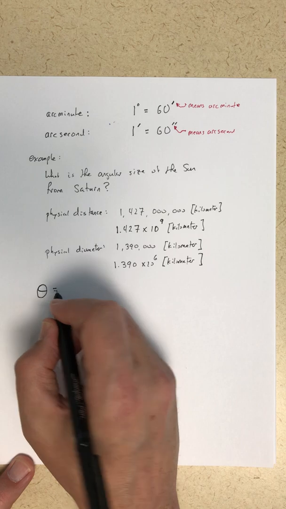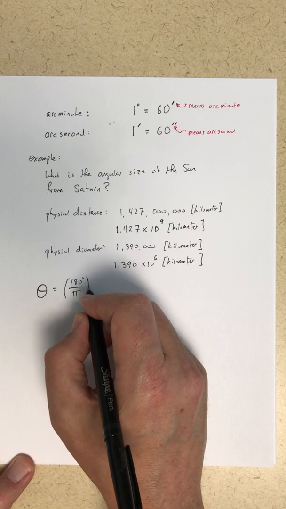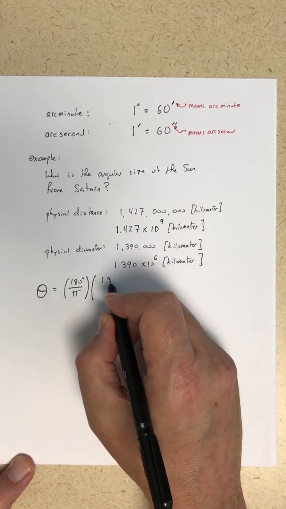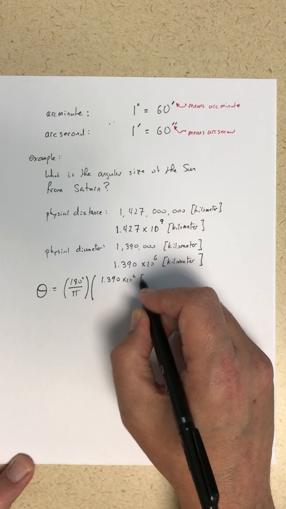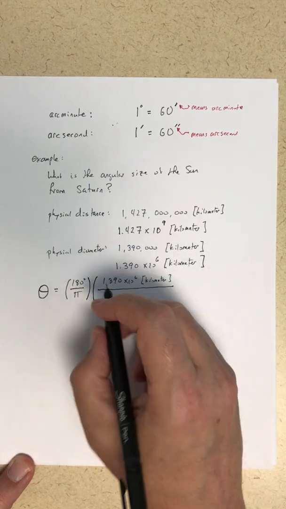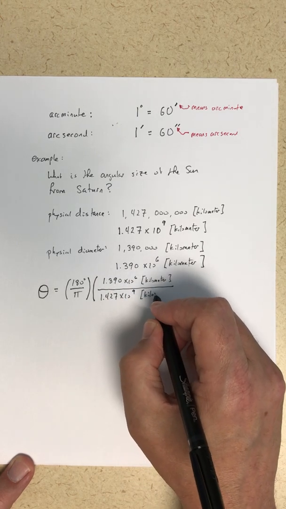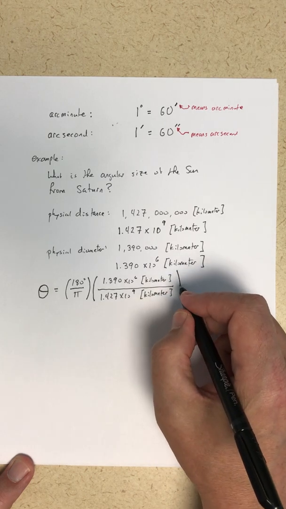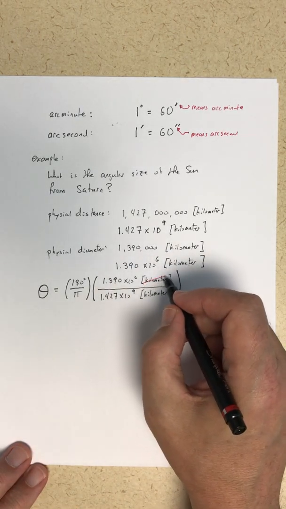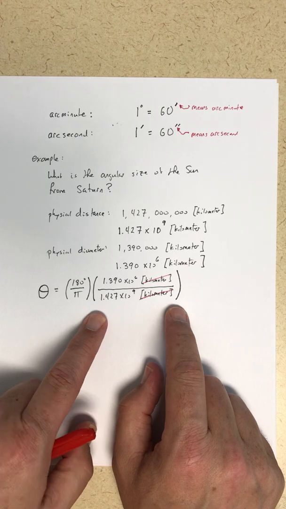So the angle theta is going to be 180 degrees over pi, times the physical diameter, 1.390 times 10 to the 6th kilometer, over 1.427 times 10 to the 9th kilometer, and the diameter and the distance are both measured in the same unit of measurement, so kilometer cancels out in numerator and denominator, and then this term in parentheses is just a pure number.